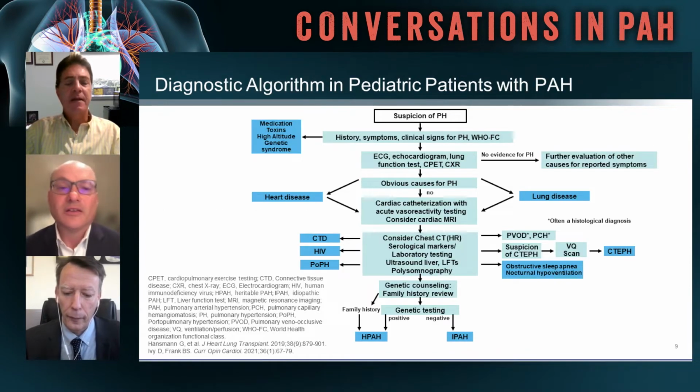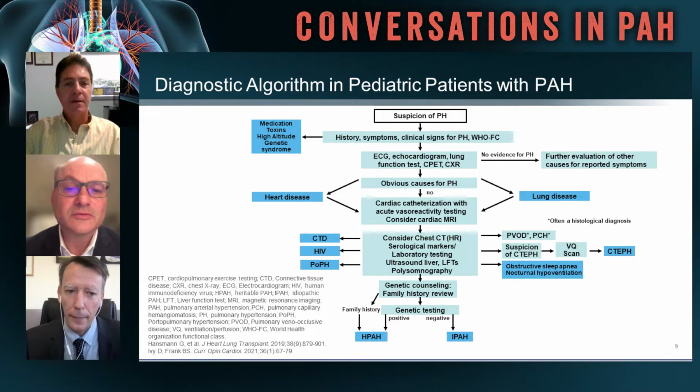We're looking at a proposed diagnostic algorithm that is pediatric oriented. Can you compare and contrast how it relates to the adult algorithms? Certainly. This is from Georg Hansmann and the German working group. And obviously, it tries to encompass all potential diagnoses. But I think that one thing that's certainly different is the prevalence of the diseases that we see in children versus adults.